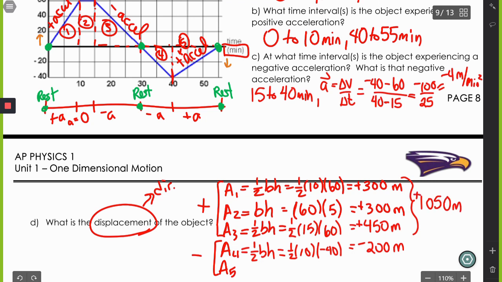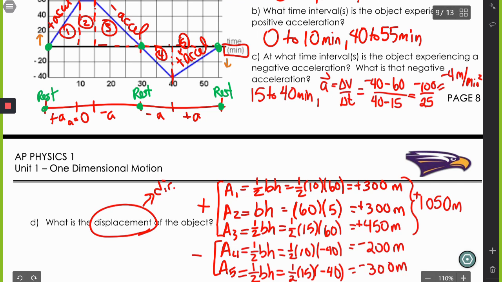Now I'm going to figure out how much I came back. And so now I do area 5, which is another triangle, 1/2 base times height. So I come up here, I have a base of 15, and the height is still negative 40, and that ends up being negative 300 meters.